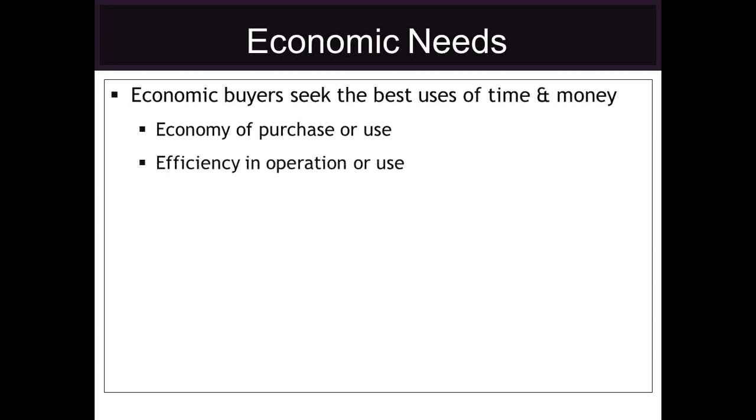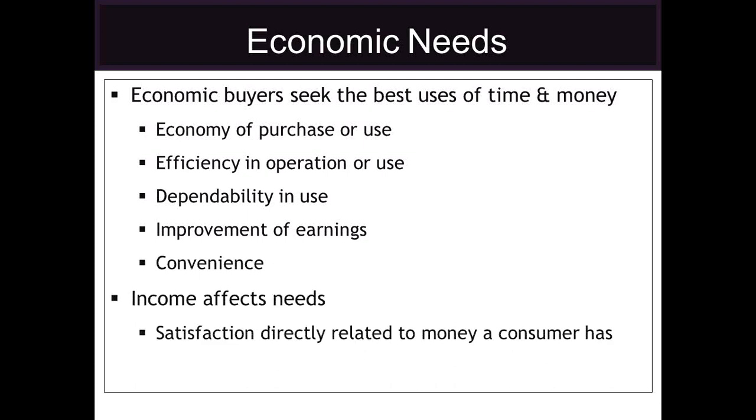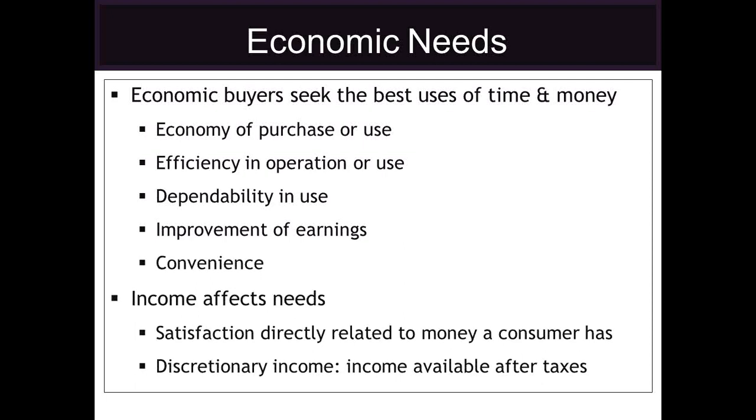They're interested in the efficiency in operation or the efficiency of use, dependability in use, improvement of earnings, convenience. Income affects needs and satisfaction directly related to money a consumer has, and discretionary income is the income available after taxes. Consumer confidence also affects spending.